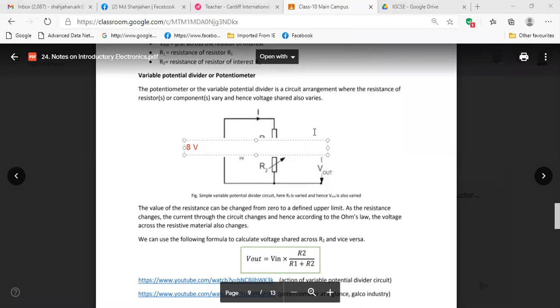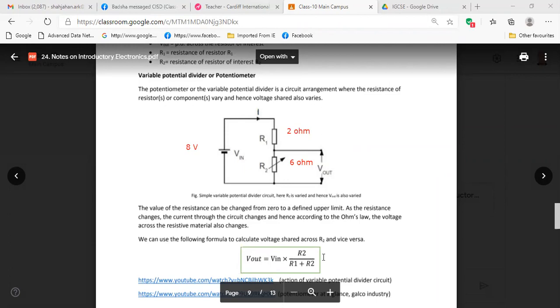For R1 the value is 2 ohms, and this one is 6 ohms. Then you calculate V out.